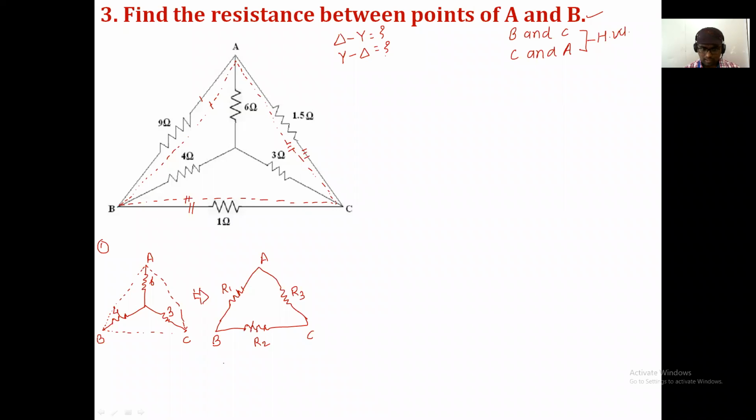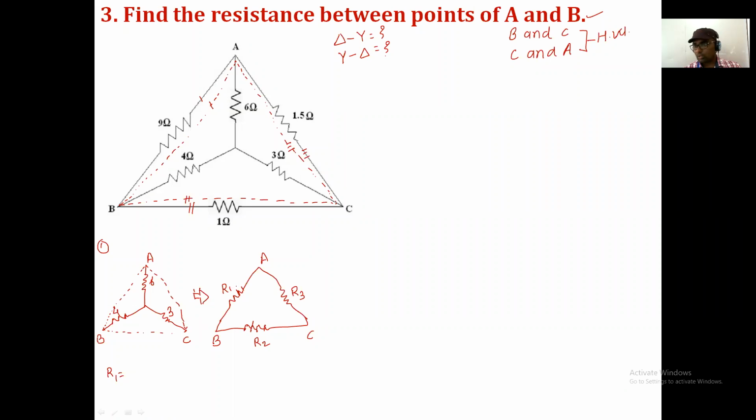Is it clear? And now let me try to calculate R1 is equal to. आता फॉर्म्युला कसा लक्षात ठेवायचा बघा. R1 हा एका कुठल्या तरी टर्मिनलला कनेक्ट झालाय का फक्त? नाही.